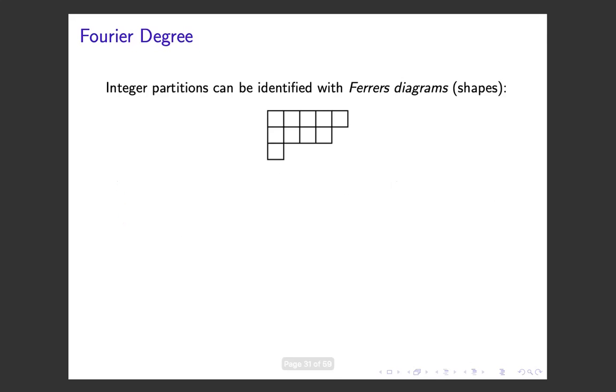Another nice combinatorial correspondence that we'll make use of is that integer partitions can be identified with Ferrers diagrams, which we can call shapes. For instance, 541, that integer partition of 10, corresponds to this shape.